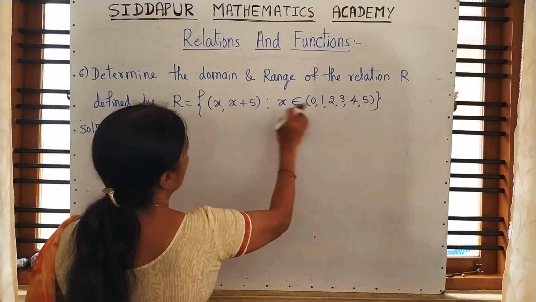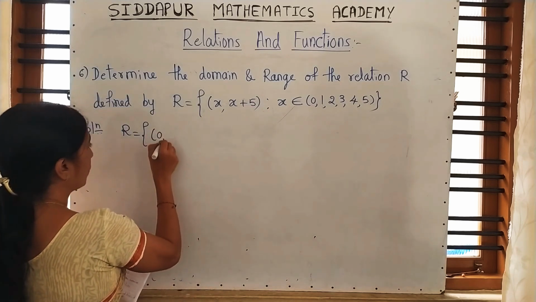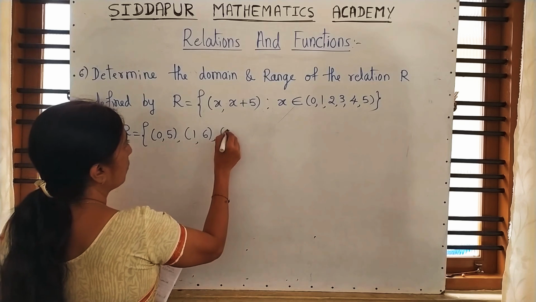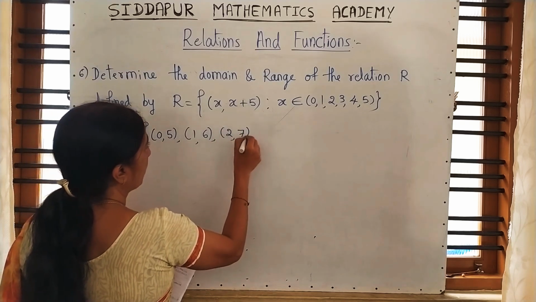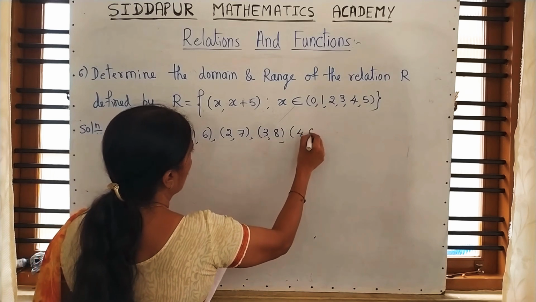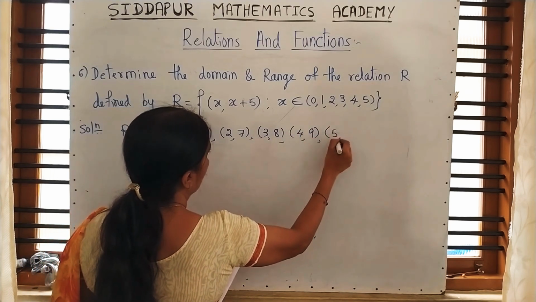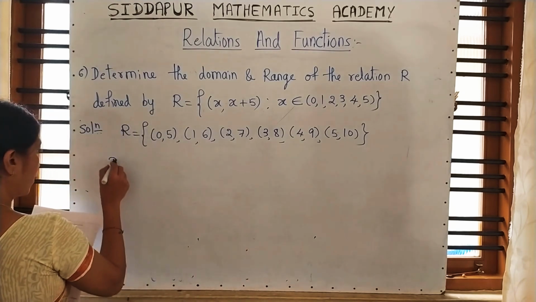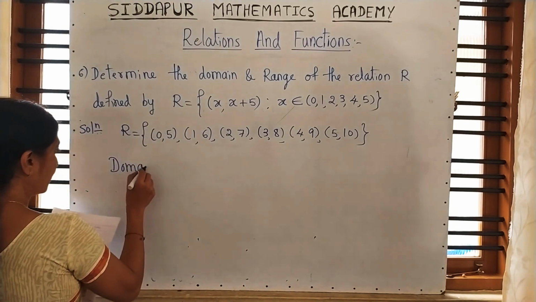Suppose you take 0, 0 plus 5 is 5. If you take 1, it is 6. 2, 2 plus 5 is 7. 3, 8. 4, 9. 5, 10. See, is it very simple or what? Now write down the domain and range.